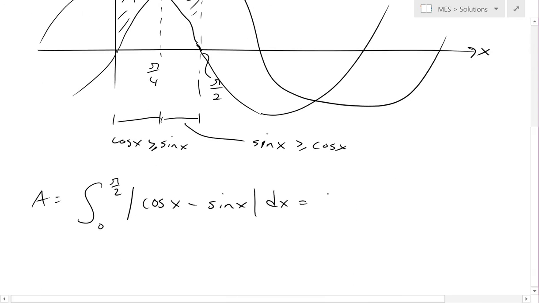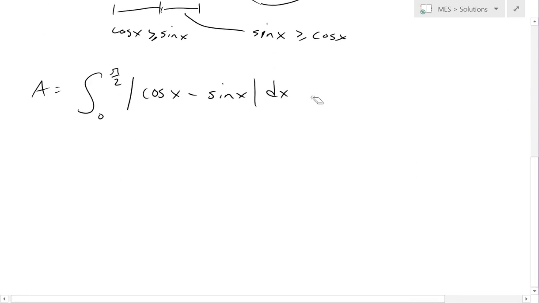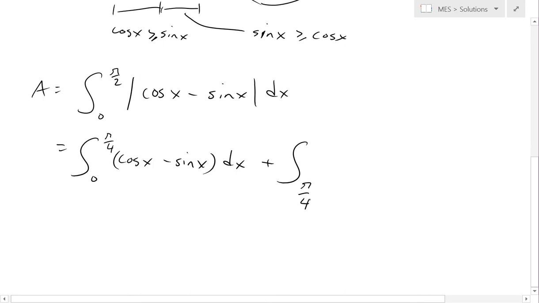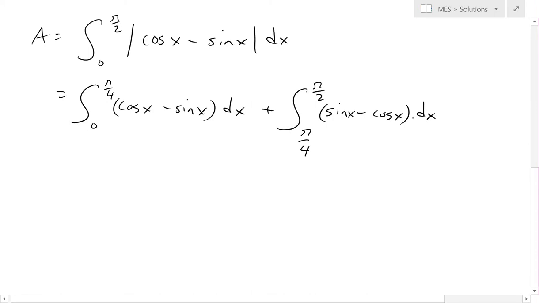So this is equal to the integral from 0 to pi over 4 of cos of x minus sine of x dx, plus now the second area, from pi over 4 to pi over 2, of sine of x minus cos of x dx. We flip it so that it's positive, because sine of x is greater than cos of x.